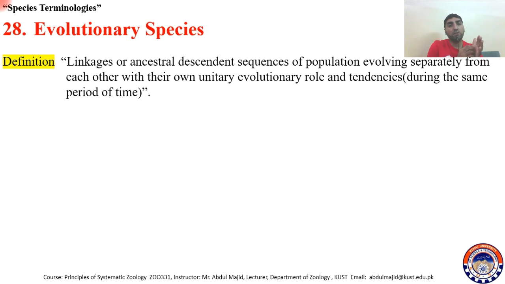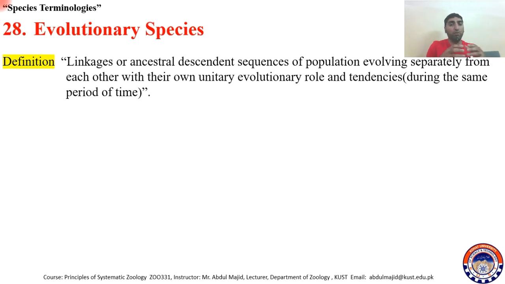Actually, the definition of species based on evolution is, for example, a species will be considered a species if it has a linkage of ancestral and descendant sequence in a population, and that specific population is evolving separately from all other populations of that time, and this specific population or species will have its own unitary evolutionary role and tendencies.